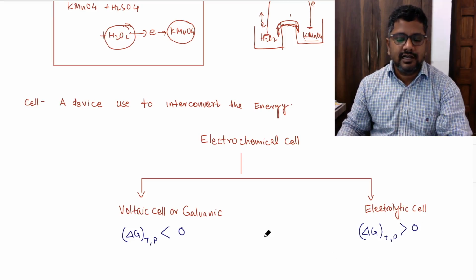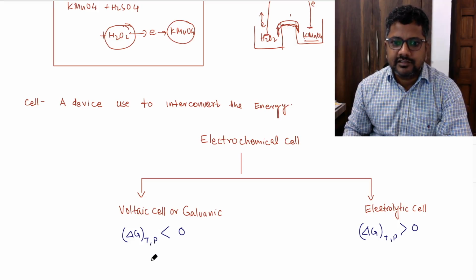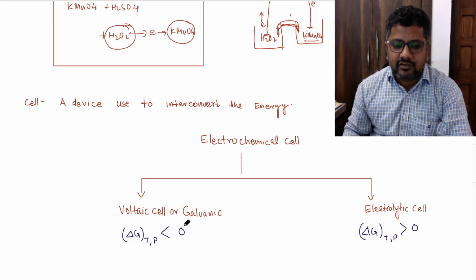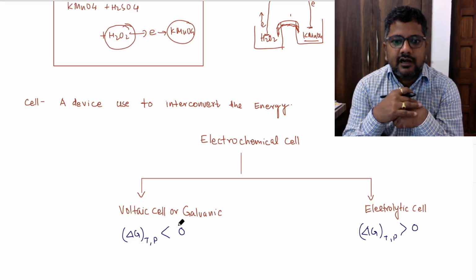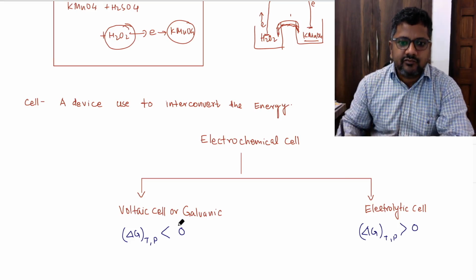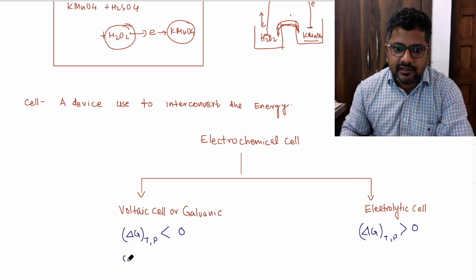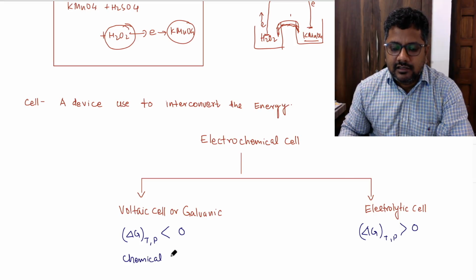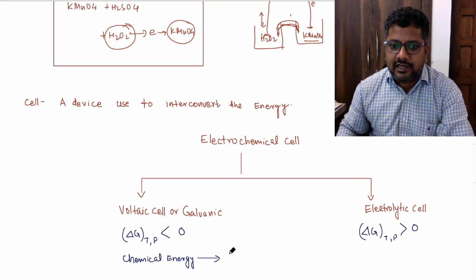Now what is the significance and what is the explanation of this? Delta G less than 0 means the reactions are spontaneous. So all the reactions in a voltaic cell or inside the galvanic cell are spontaneous. It means chemical energy is converted into electrical energy.